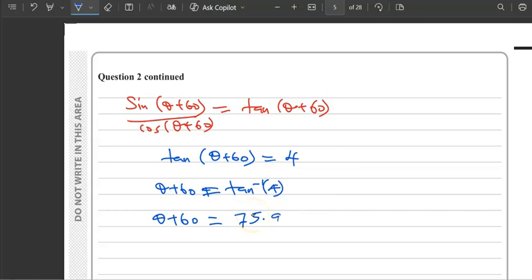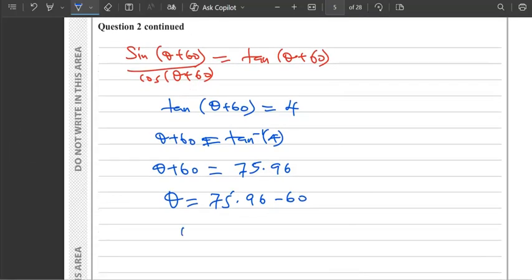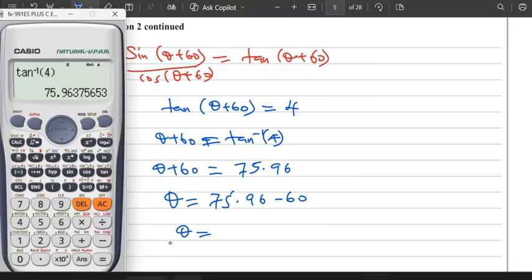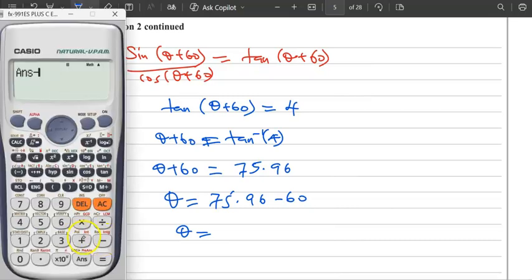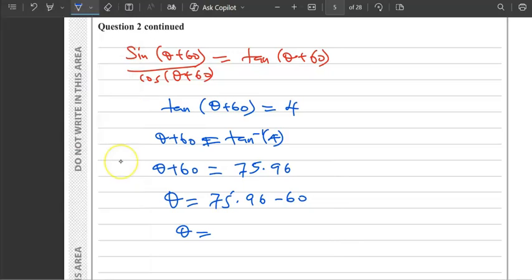So theta will be equal to 75.96 minus 60, and therefore theta is equal to the difference, which gives you 15.96 degrees.